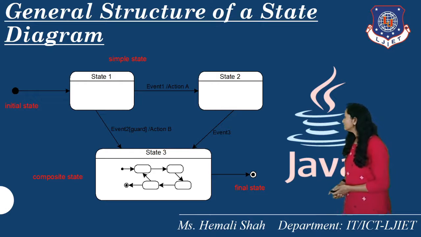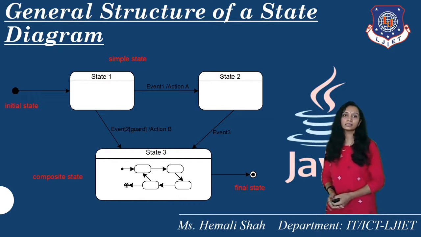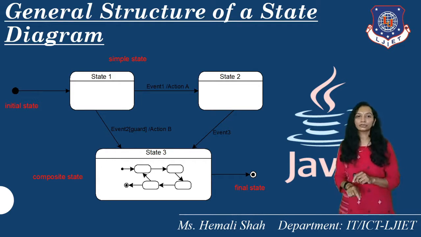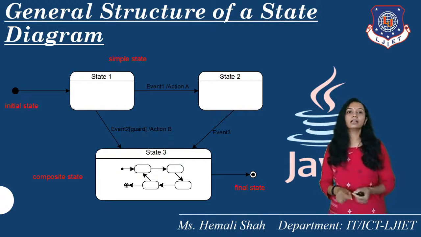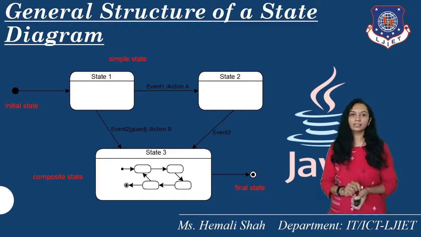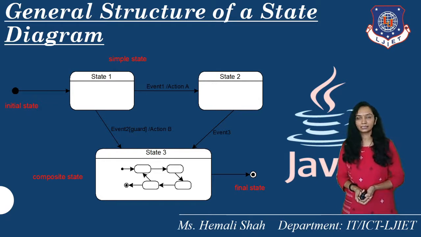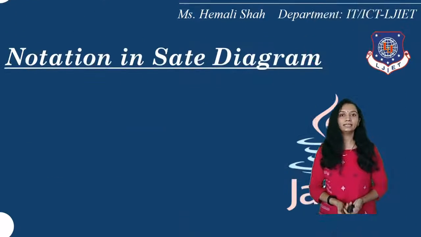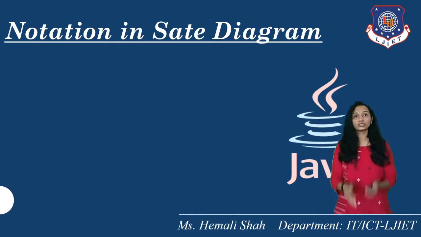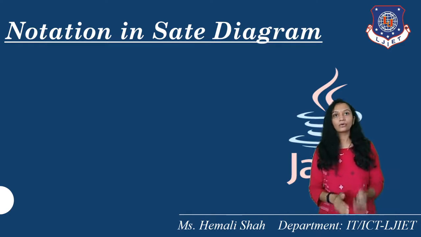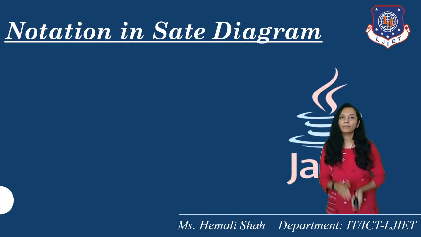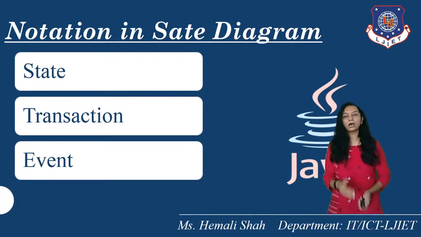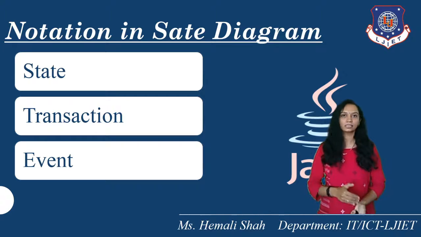Now the final state you can represent by using two circles, a filled circle with an outer circle drawn around it. So this is called the final state. So this is the general view of a state diagram. Now let's understand the notations that we should use when we draw the state diagram of our system. So here are the three basic components that you have to find inside your system.